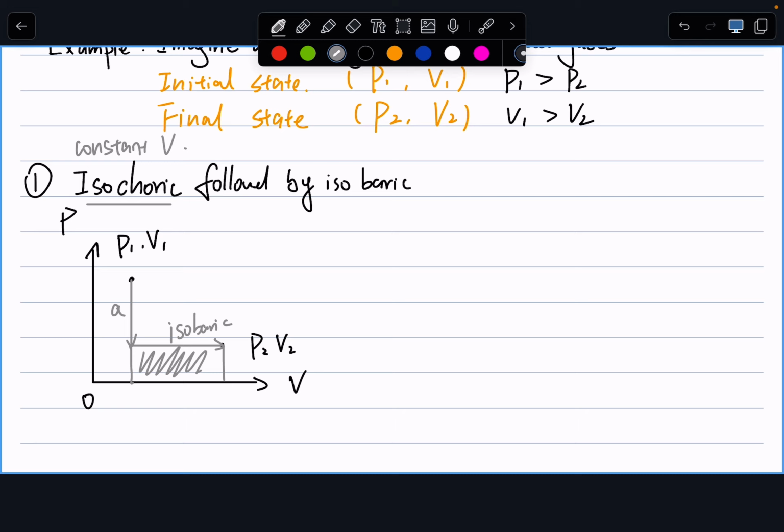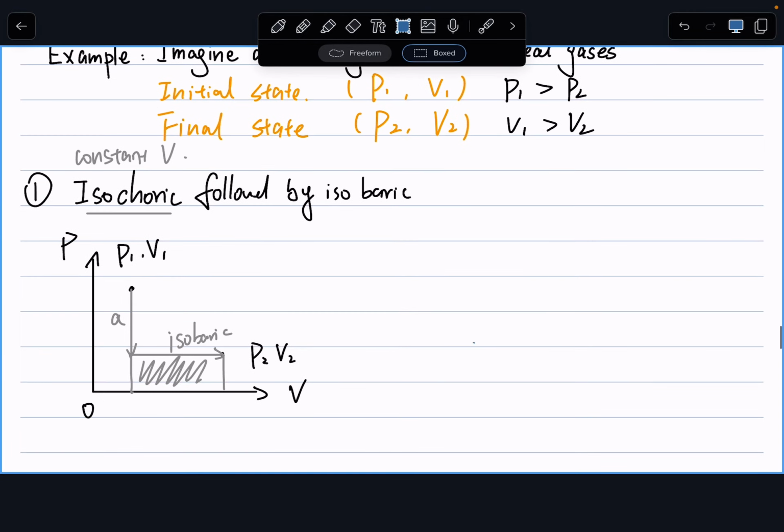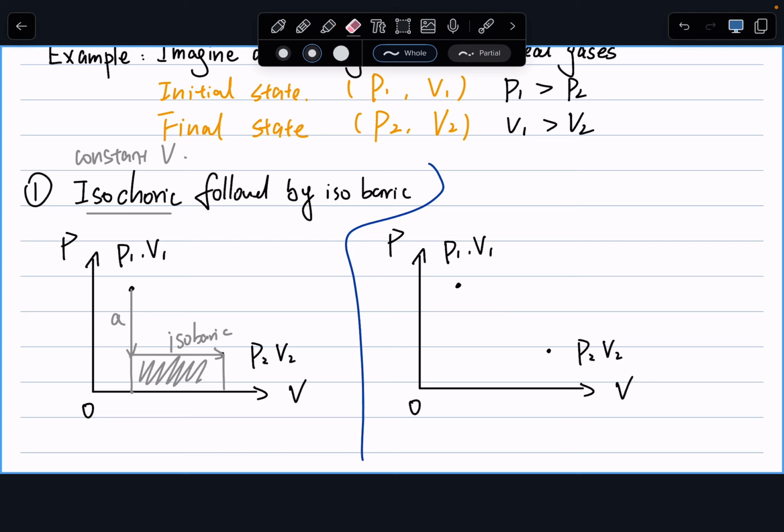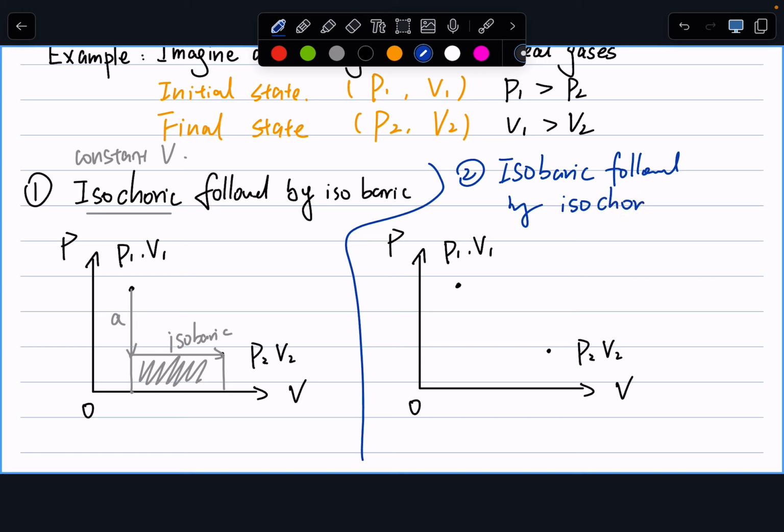All right. Now the same initial and final states, which start from P1, V1 and end at P2, V2. And now we're talking about a different process. Just removing all these lines telling us about the process, and talking about an isobaric process followed by isochoric. So the isobaric process tells us we keep P unchanged at P1, right?